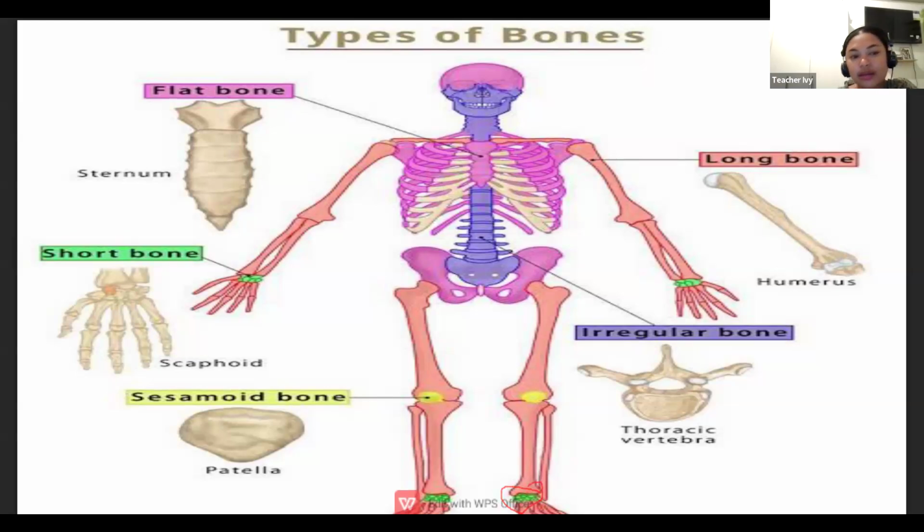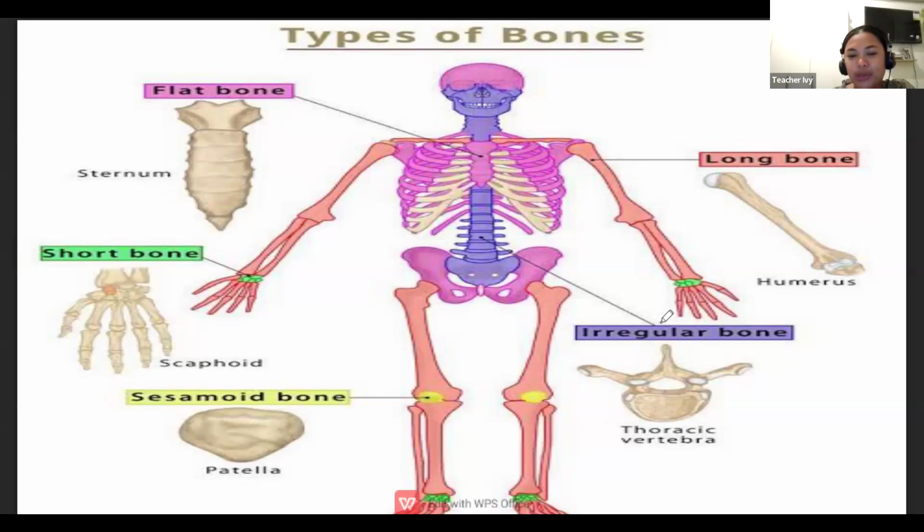Honey, can you hear me? Yes. All right. What do you call this bone in your foot? This green short bone? What's the name of this bone? Honey is still also thinking.